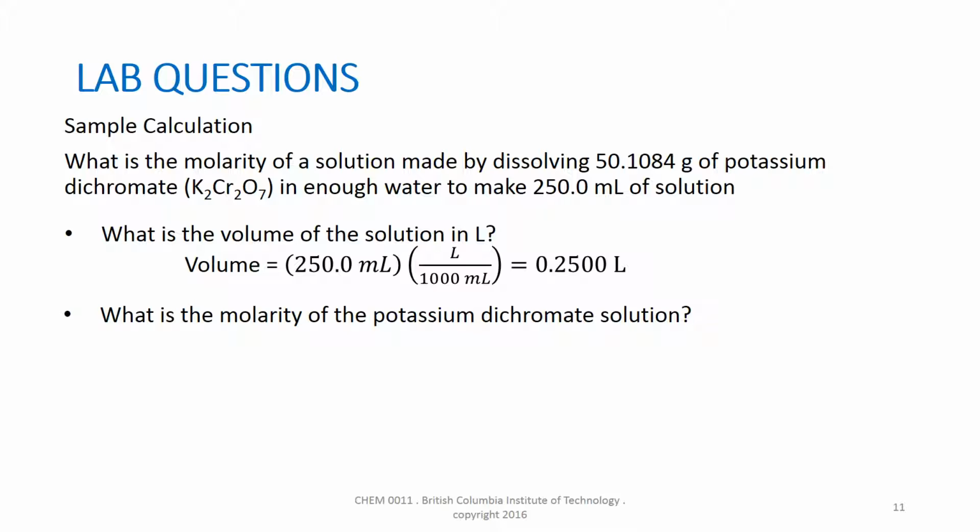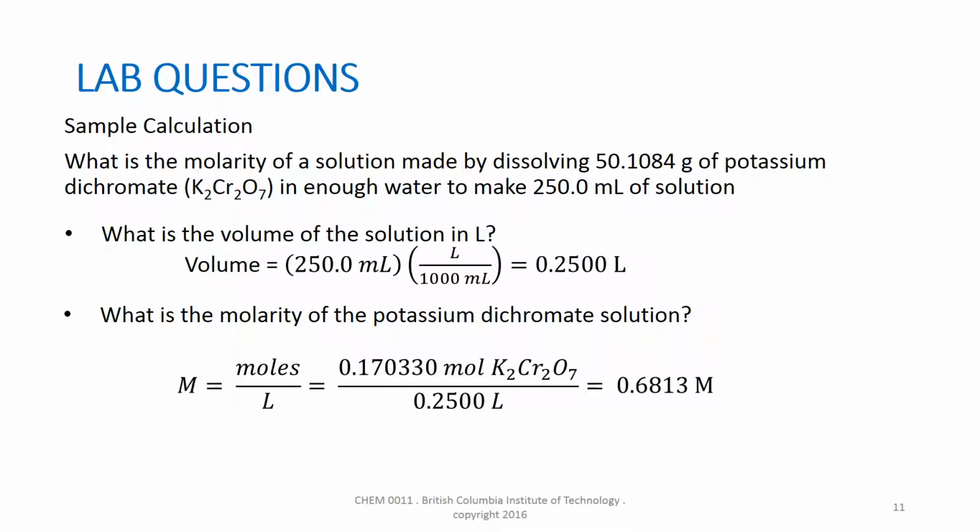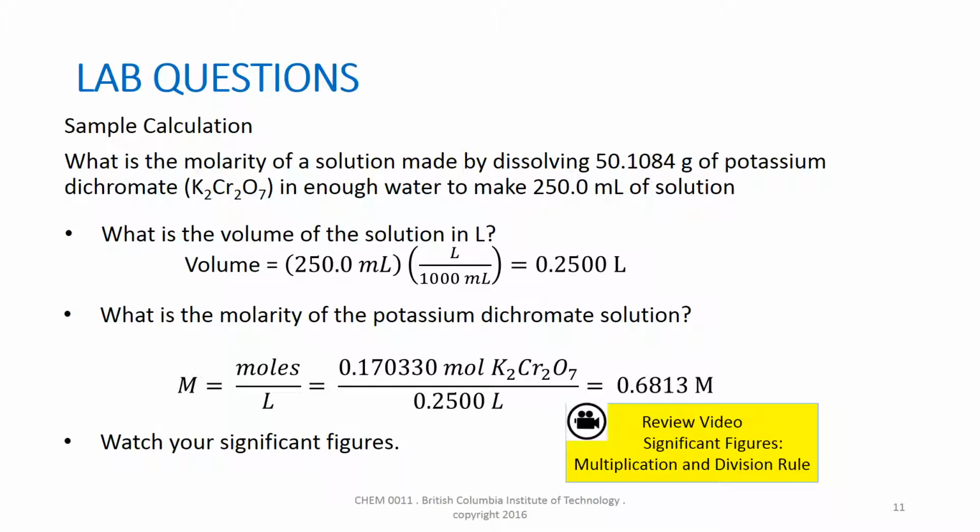The molarity of the solution is the 0.17033 moles of potassium dichromate divided by the 0.2500 liters, which gives 0.6813 molar potassium dichromate. Remember to watch your significant figures. It may be useful to review the videos on significant figures.